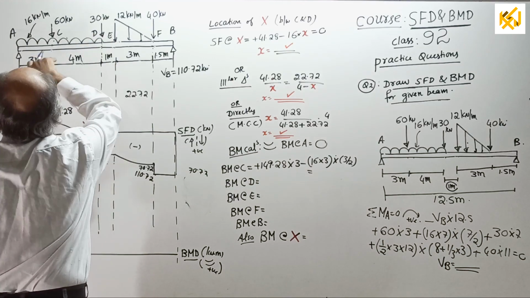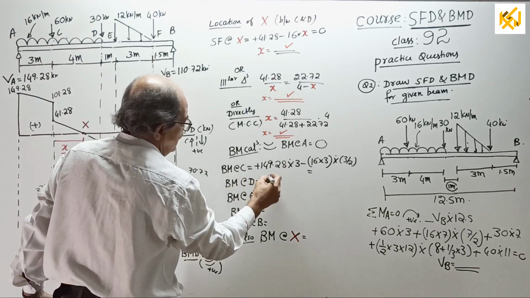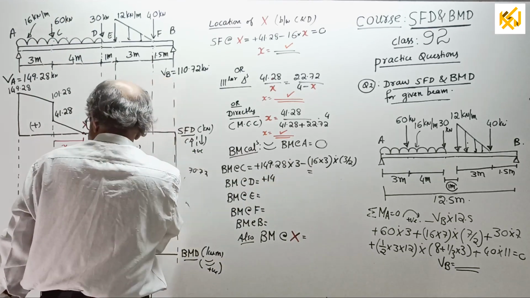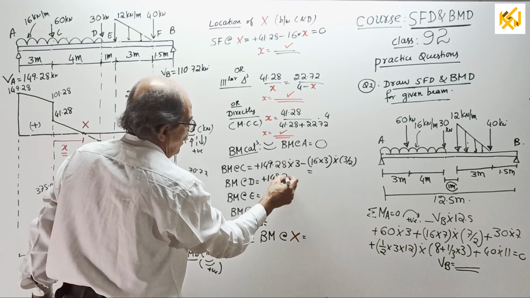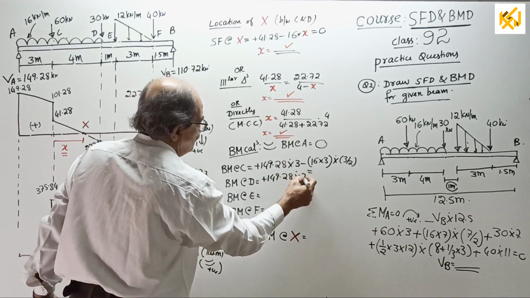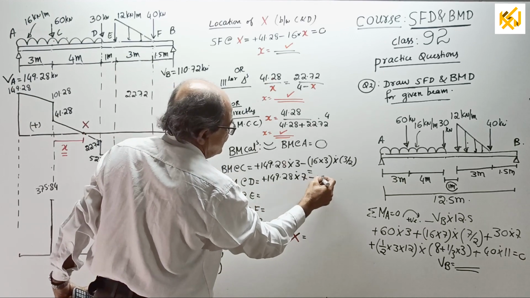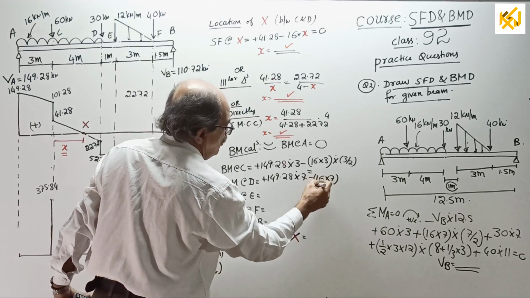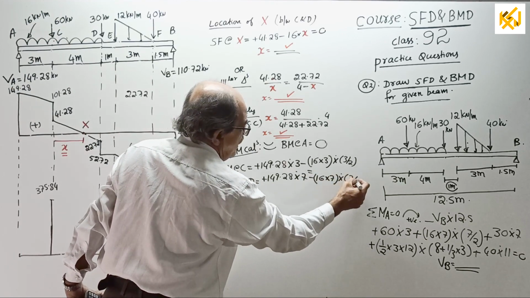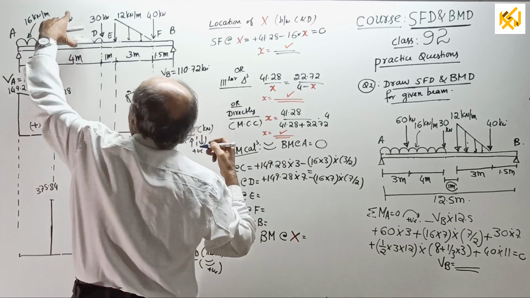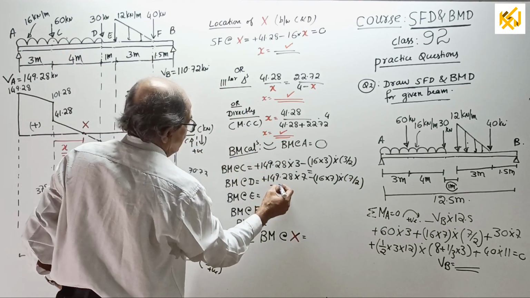Okay, then BM at D. Look this side. Plus 149.28. You calculate the value, answer is there. 149.28 into 7 minus 16 into 7, the total UDL, into 7 by 2. Then lastly, minus 60 into 4.